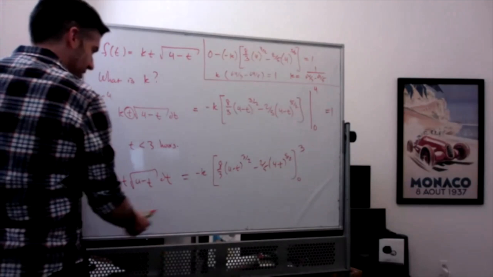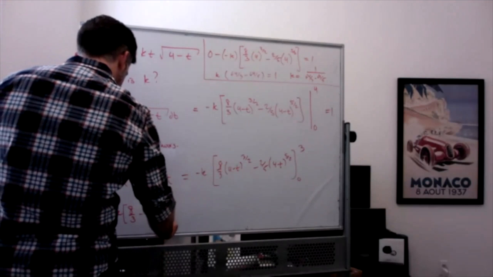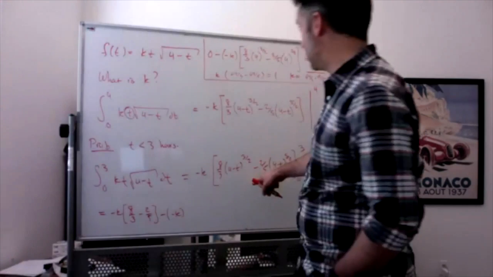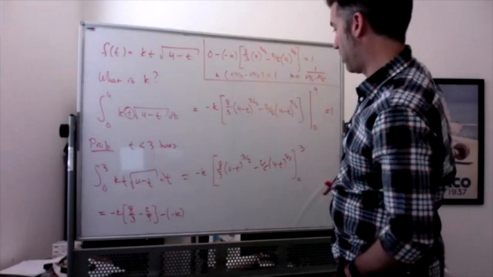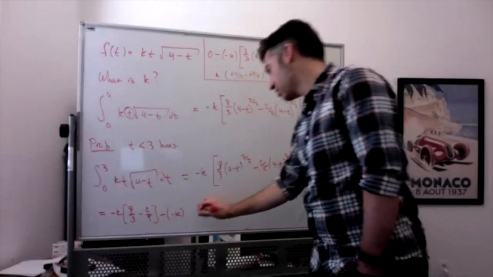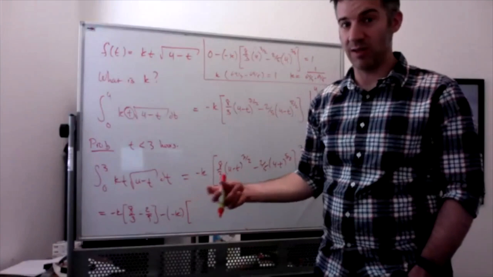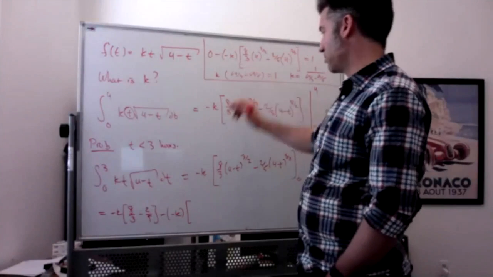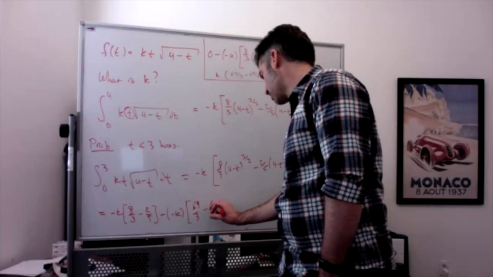So you get negative k times 8/3 minus 2/5, minus negative k times, and then you plug in 0, and you actually get the same thing you got over here. When you plug in 0, you get exactly this number right there. So if you use the work you already did, you can sometimes make the rest of it a little bit easier to deal with. I'm plugging in 0, I get 64 minus 64.